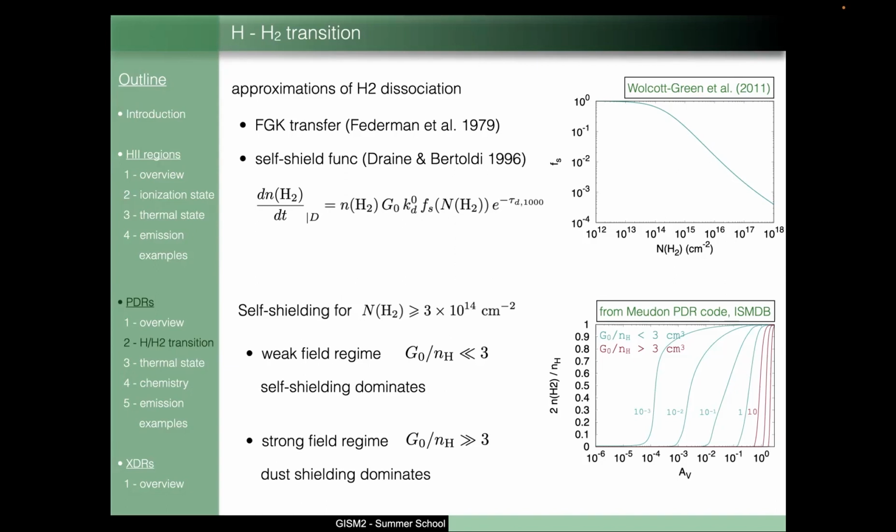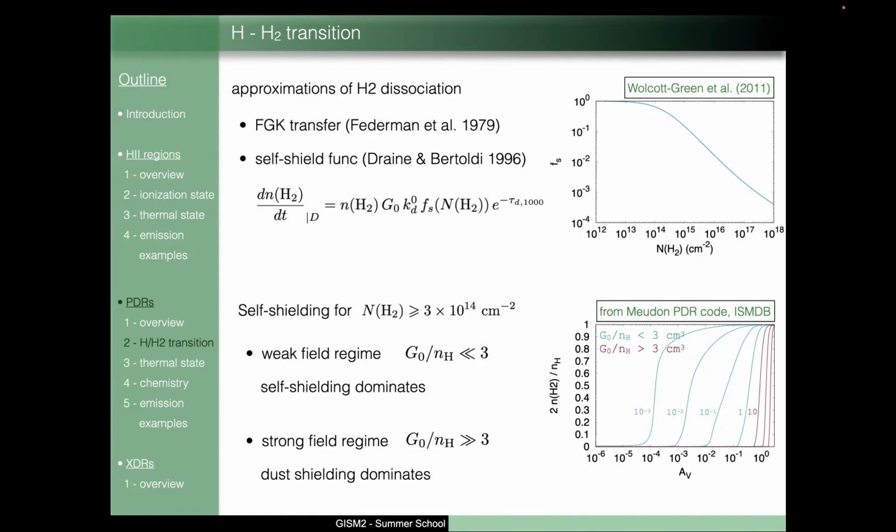Now that we have this function, it's very easy to get a physical insight of what is happening in PDRs. What we see here is that the self-shielding of H2 starts to kick in, to be important, when the column density of H2 reaches 3×10⁻⁴, more or less.